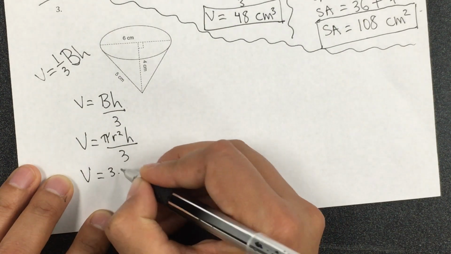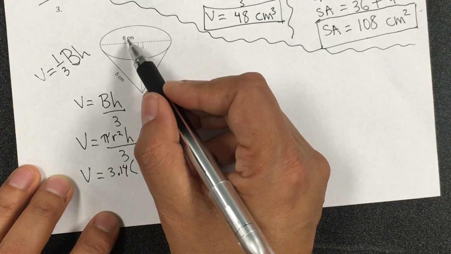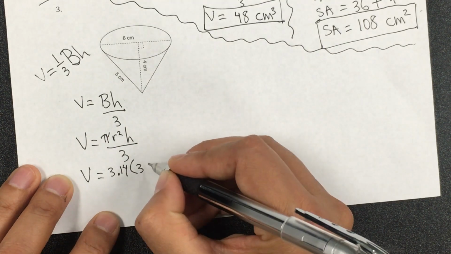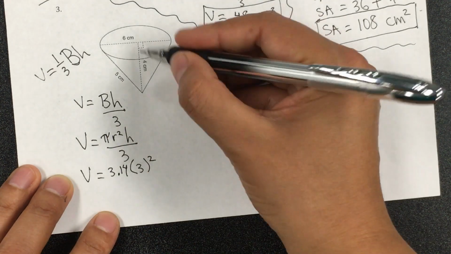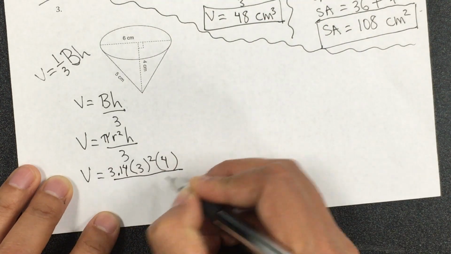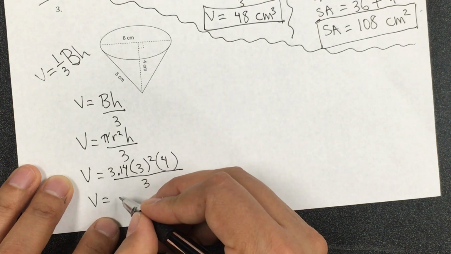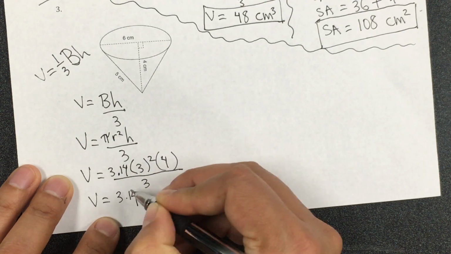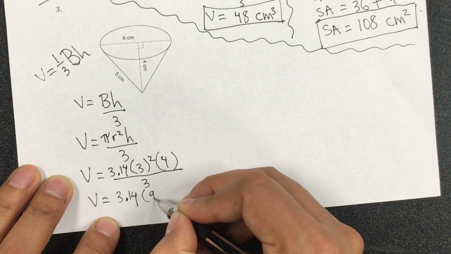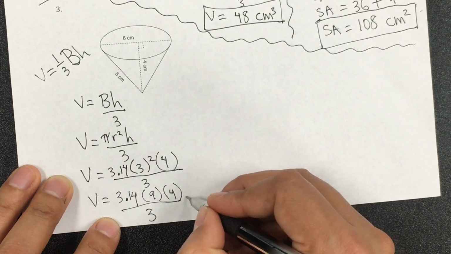Pi is 3.14. Radius is half of this because this is the diameter, which is 6. So the radius is 3 squared times the height, which is 4, divided by 3. And so we have 3.14 times 3 squared is 9 times 4 divided by 3.